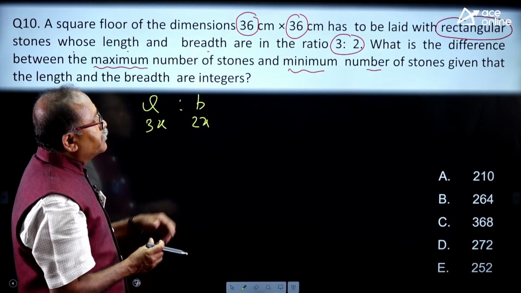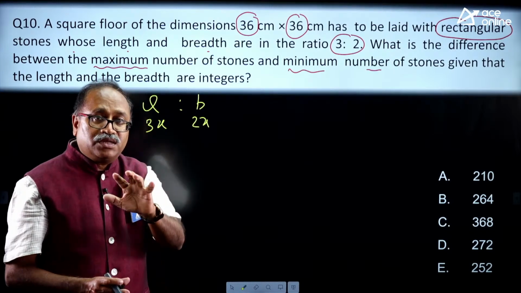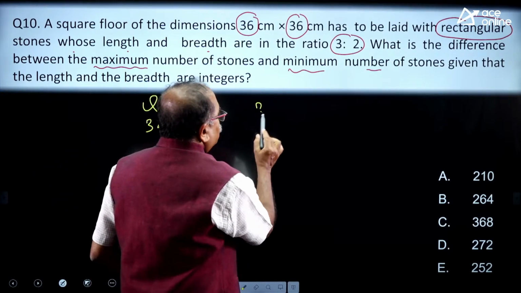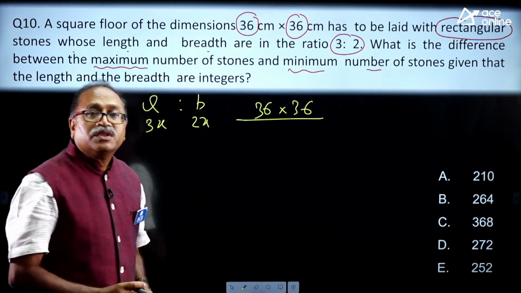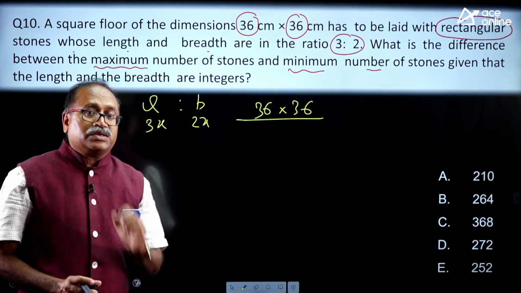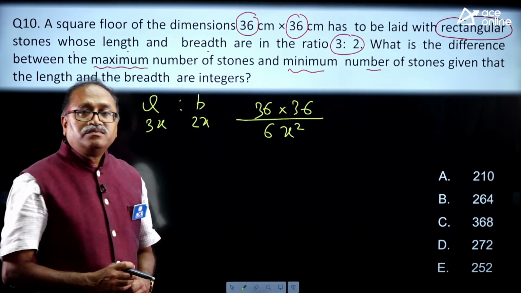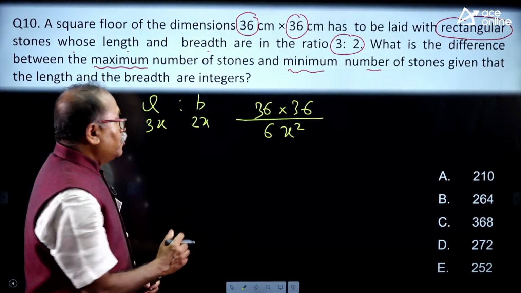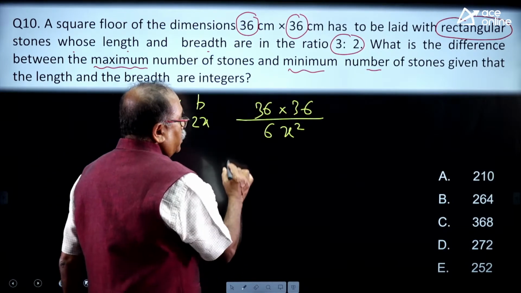The next one, 36 into 36, that is the area of the square, divided by 3x into 2x, so that comes 6x square. Now, what will be the minimum and what will be the maximum?